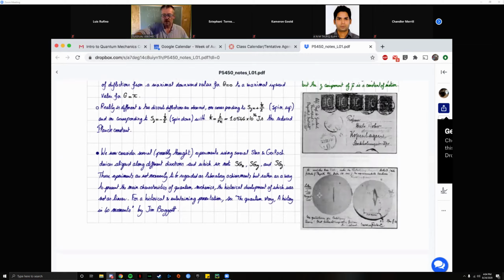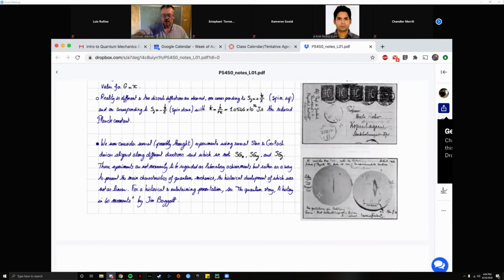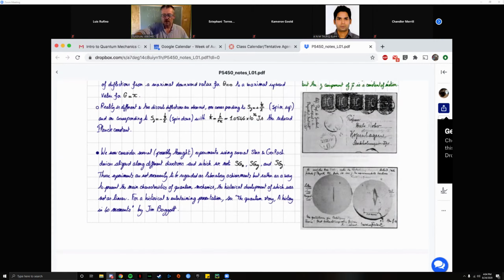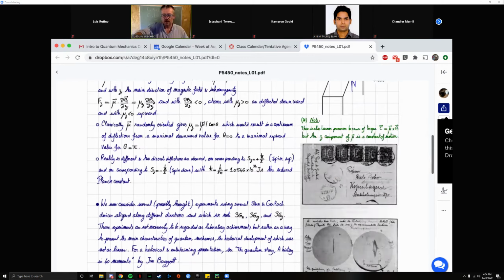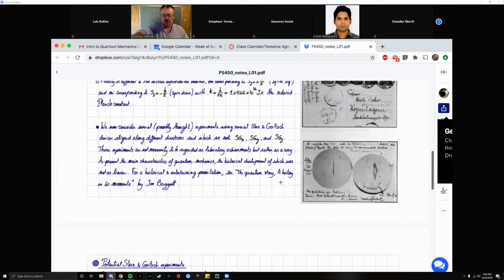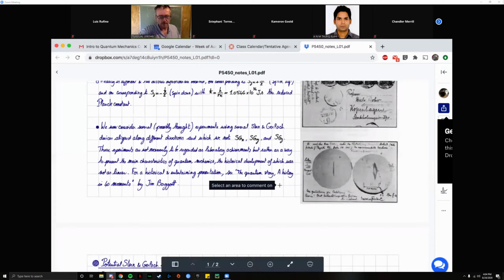In some cases, the conclusions that I'm going to draw were not drawn from exactly that specific experiment using a Stern and Gerlach apparatus, a system of magnets between which you shoot atoms like that. In some cases, the conclusions that we are reaching were obtained from different types of experiment.